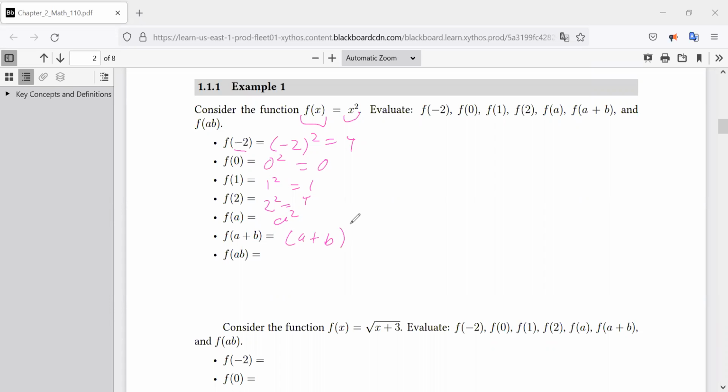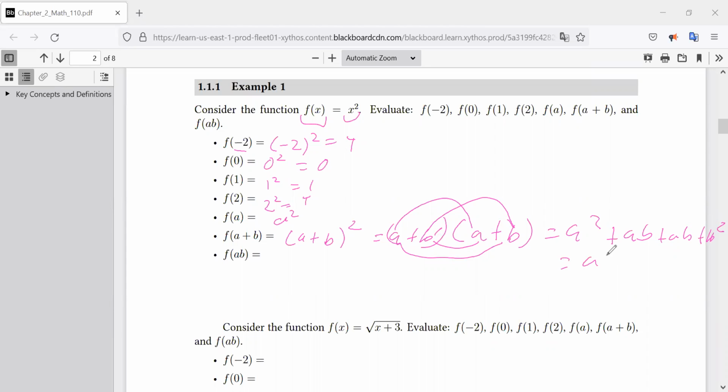Not quite, right? It would be a plus b, quantity squared. But we have to FOIL that out, right? So this is equal to a plus b times a plus b. This gives us a squared plus ab plus ab plus b squared.